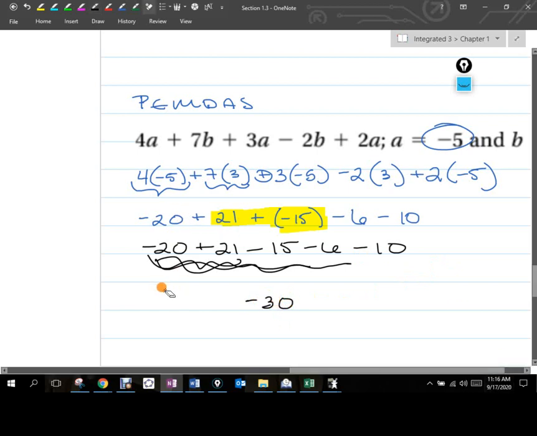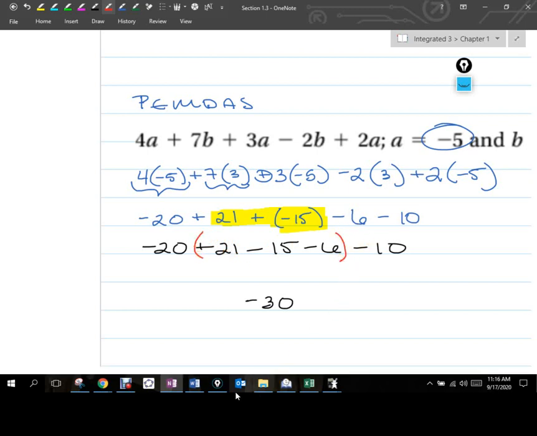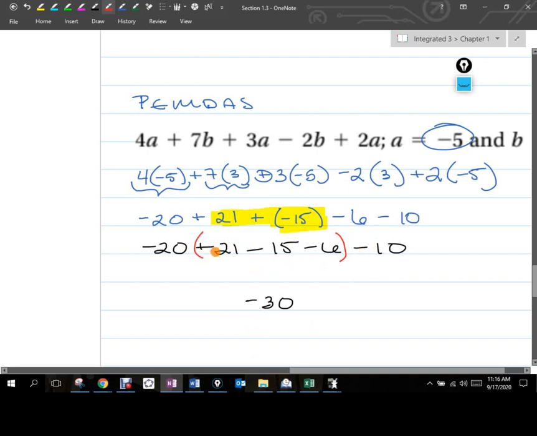Okay. Now, the purpose of the associative and commutative properties is this. If I have positive 21, and that right there, okay, so it's a positive. If I group that stuff right there, what is 21 minus 15 minus 6? Or even go further and group those two.